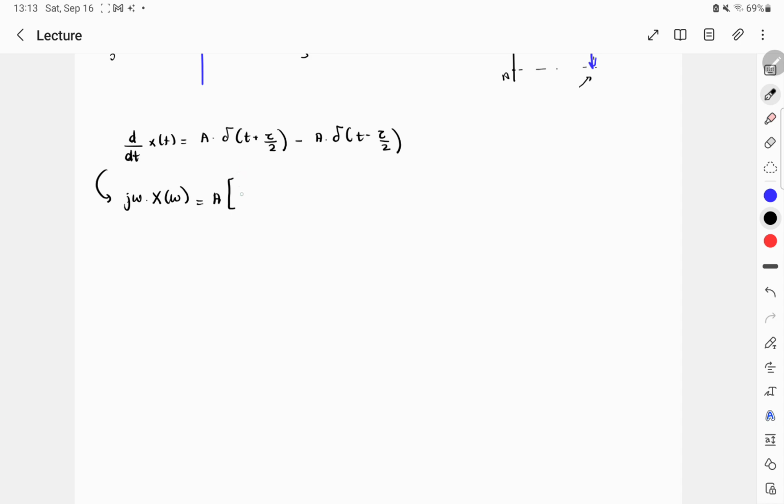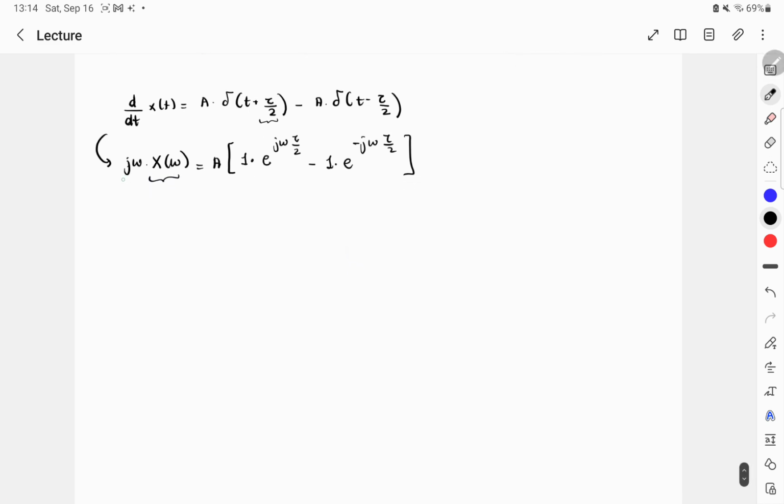The Fourier transform of the delta function is 1, and since we have shifted it by this amount, we multiply it with e to the j omega tau over 2. Here we do the same thing, with minus j omega tau over 2. And here we are done. We just wanted this section over here, so we divide both sides by j omega.